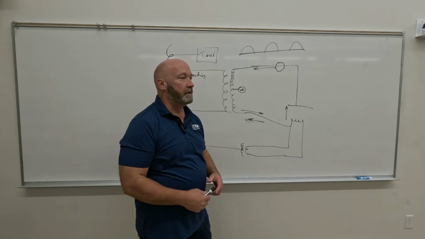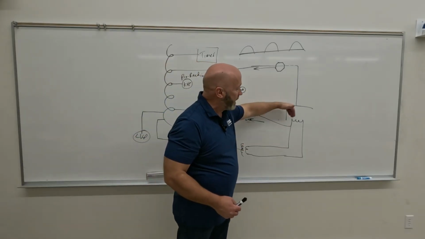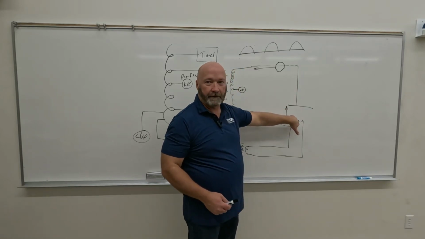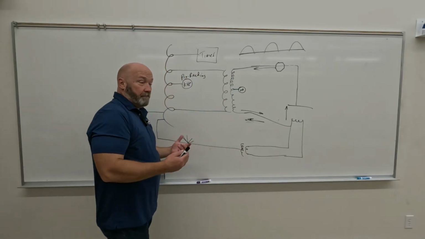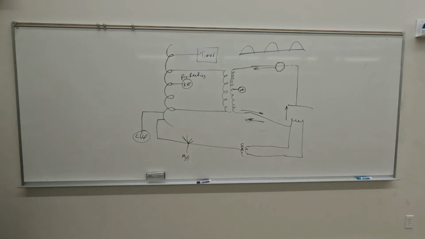Yeah, it does. So we don't have the danger of breaking our filament, right? It just won't happen anymore. But we still have a problem, and that is that we're only using half of the voltage waveform.